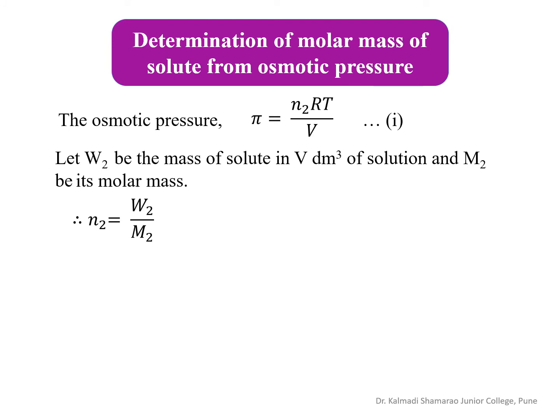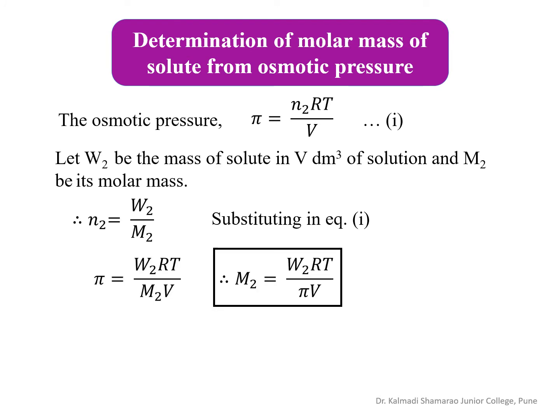Therefore, N2 is equal to W2 upon M2. Substituting this in equation 1, we get pi is equal to W2RT upon M2 into V. Let us write this equation in terms of M2. Therefore, M2 is equal to W2RT upon pi into V. By knowing all the other quantities, the molar mass of solute can be determined.